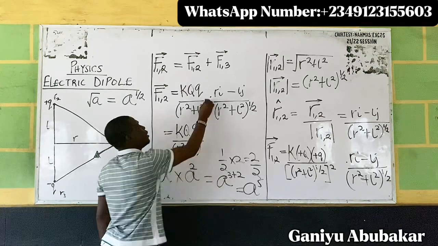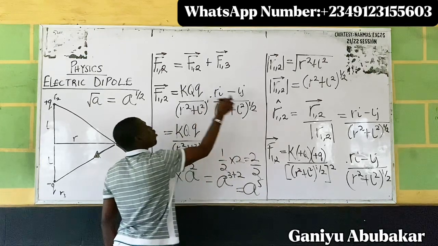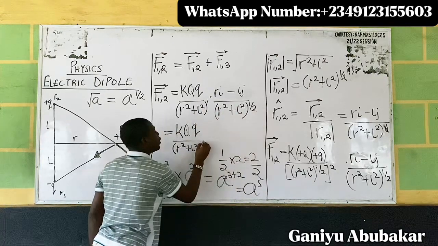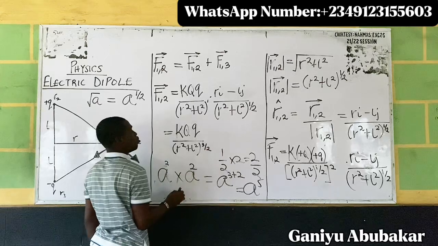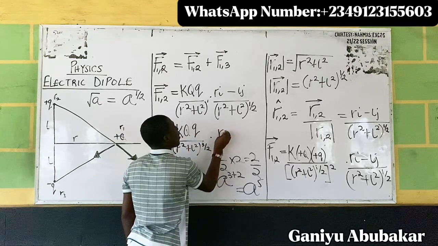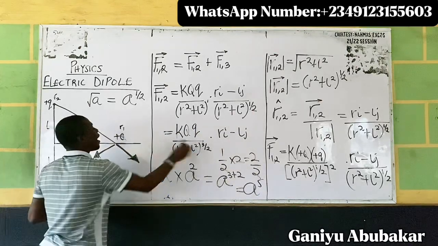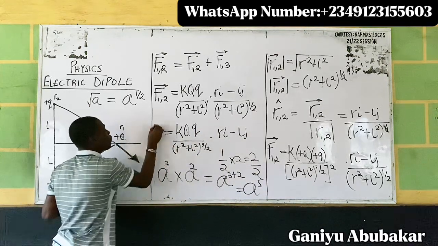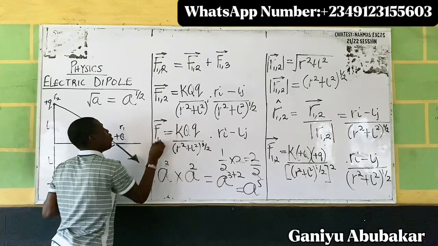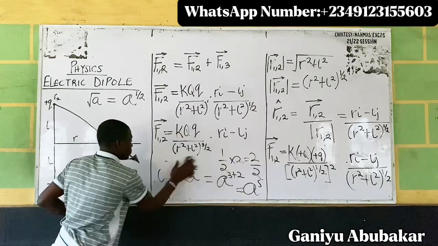Next task, the power here is 1, here is half. So half plus 1, over 2, that will give you 3 over 2. Combine these two, I have this dot ri minus lj. This becomes the value of the expression for f12.